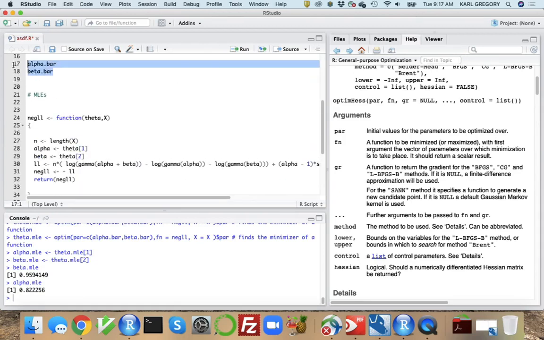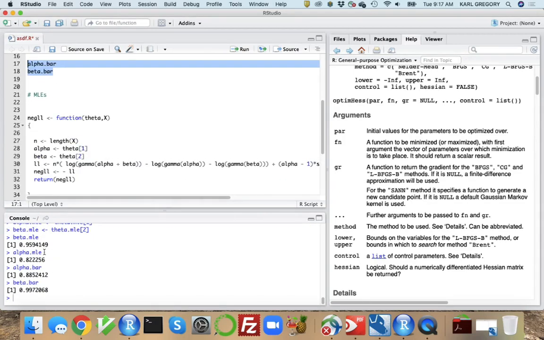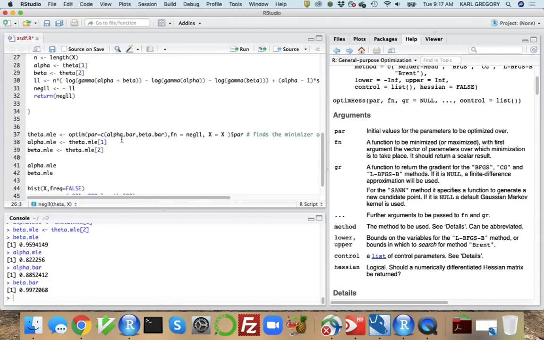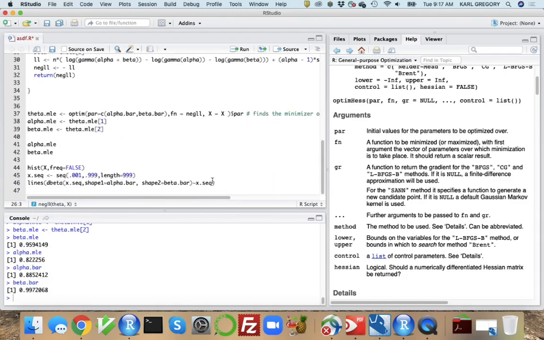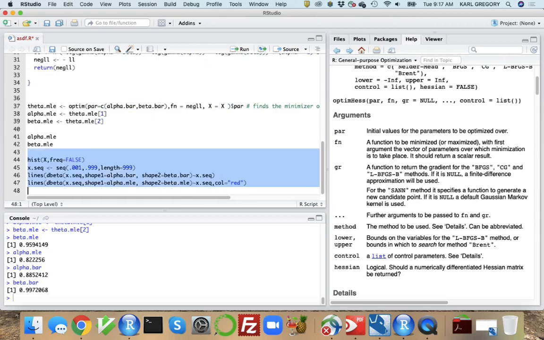Let's see if they're very different from the method of moments estimators. So my estimators of alpha from the method of moments and the maximum likelihood method are pretty similar. Also, my beta estimates are pretty similar. Maybe to get a better idea of how similar or different they are, we should go to our plot and add to it the PDF of the beta distribution under the maximum likelihood estimators.